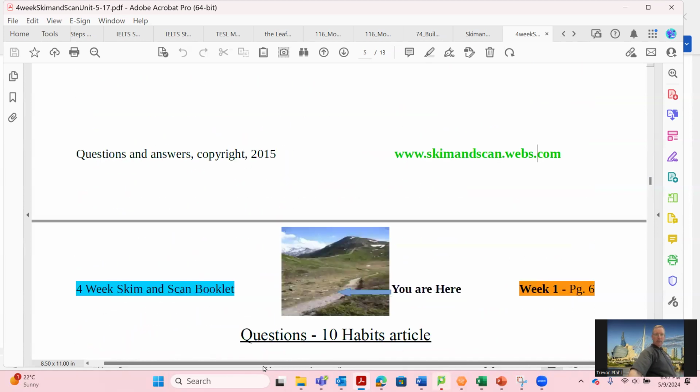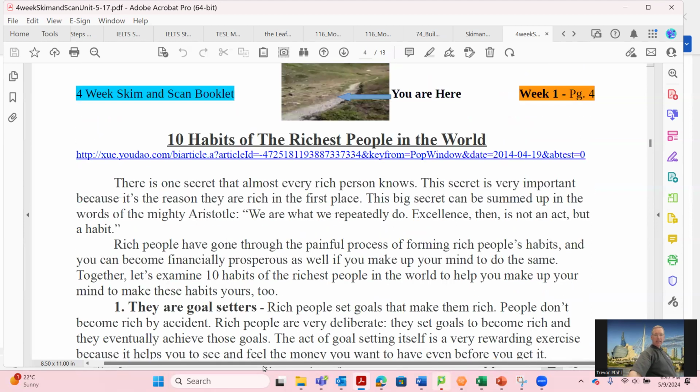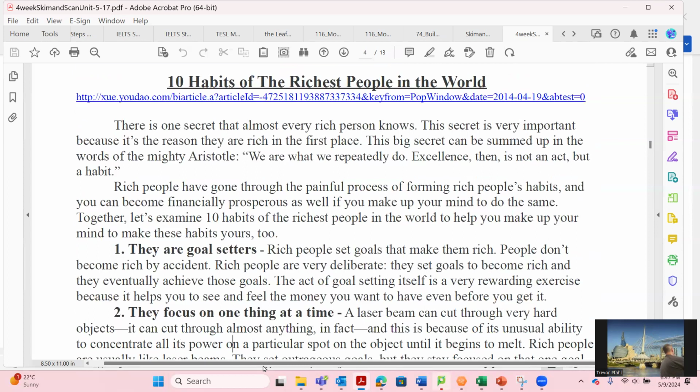So if I'm looking at that section, they don't become rich by accident, so what do they do? The result is they're very deliberate. They set the goals and then they achieve the goal. So I would accept any of those because that question isn't clear. Goal setting, deliberate, or achieve those goals. Any of those are okay.